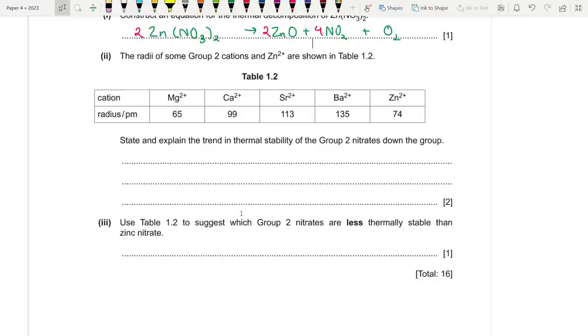So according to Fajan's rule, there will be less polarization of the anion cloud, so it will retain more ionic characteristics rather than covalent characteristics, which results in a higher temperature for decomposition. So let's state the change. So thermal stability, there is an increase in thermal stability down the group.